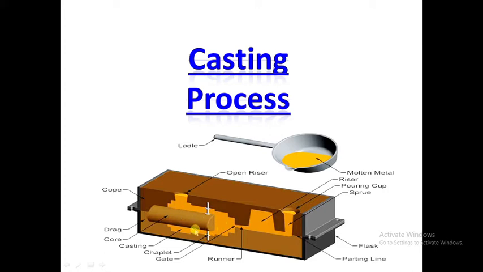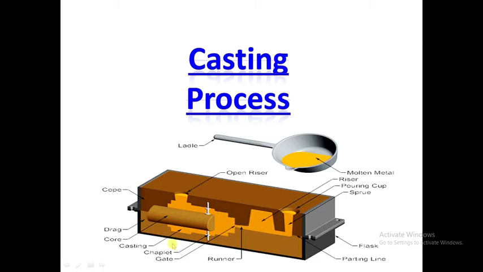But here what happens, remember this cavity is nothing but our required part. Whenever this solidifies, at that time it shrinks. While it shrinks, the extra metal is accessed from this riser.